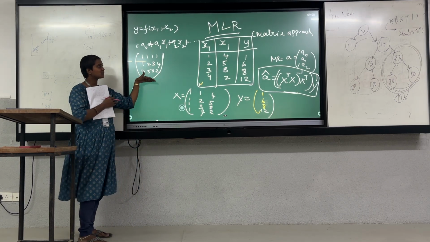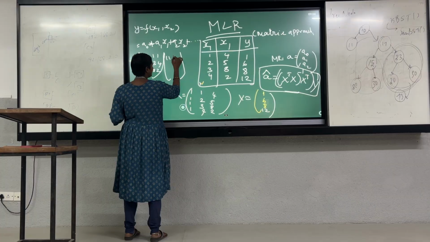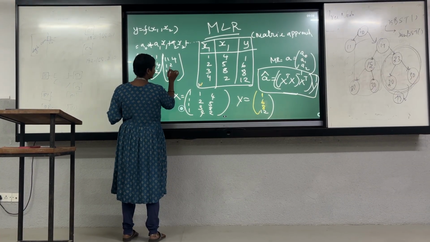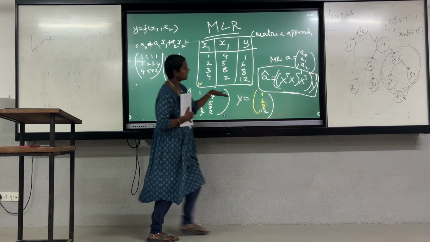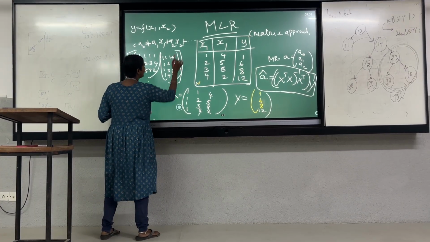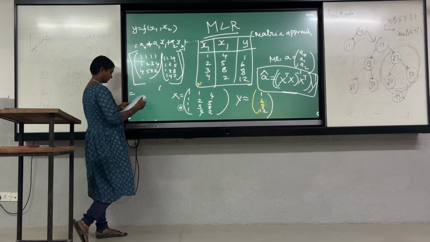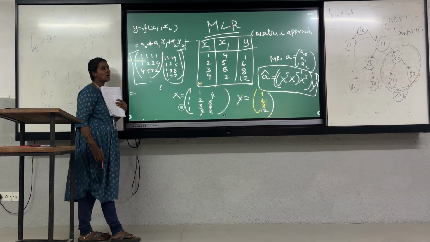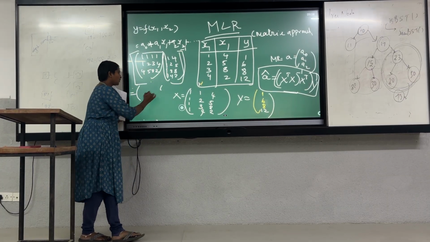This is X transpose into X. Then I'm going to apply the whole inverse. Matrix multiplication you already know. Likewise, you are going to multiply. Then you get the answer.